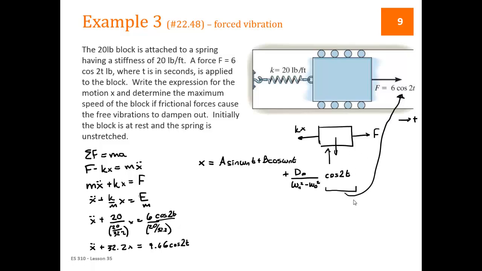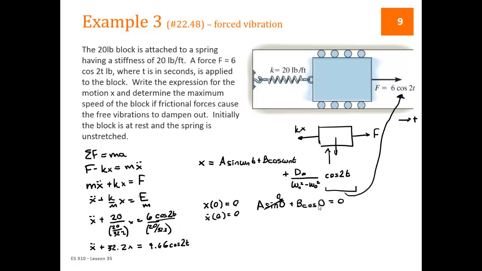All right. So, first of all, we're going to look at our initial conditions. We're told that x of 0 is equal to 0 and x dot of 0 is equal to 0. This is just for the free part, so we're looking just at the a and the b part based on our initial conditions. So a sine of 0 plus b cosine of 0 is equal to 0.